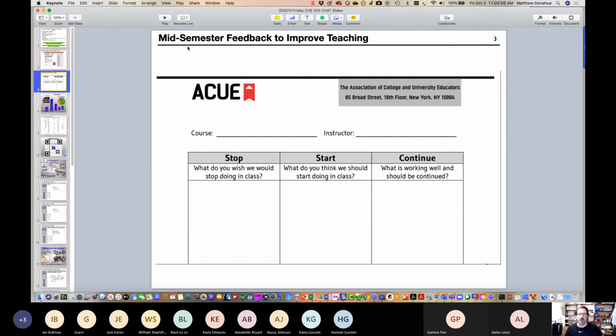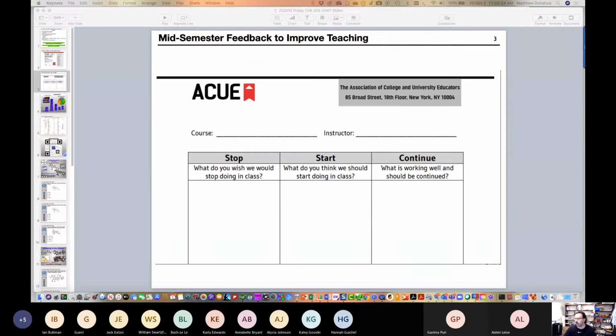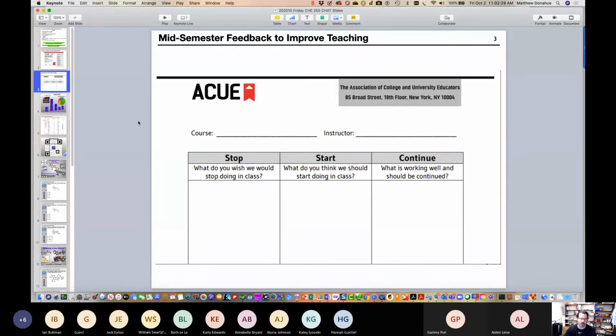Since interim grades are due today, I posted an assignment in Canvas where you're given 3 prompts: stop, start, and continue. It's pretty self-explanatory. You need to write anywhere between 3 to 5 sentences for each, and you'll submit this in Canvas as a Word document. It's worth 6 points: 2 points for each, 6 points total.